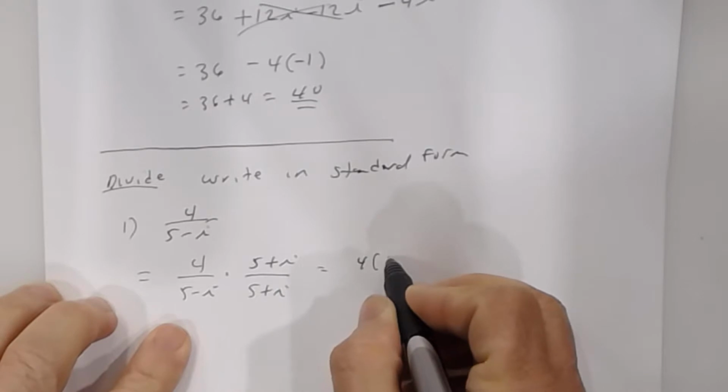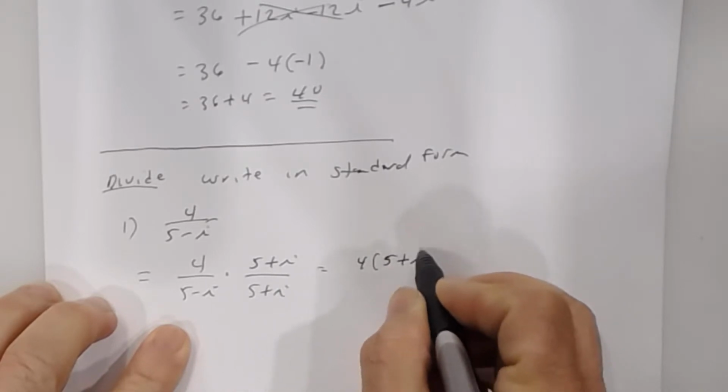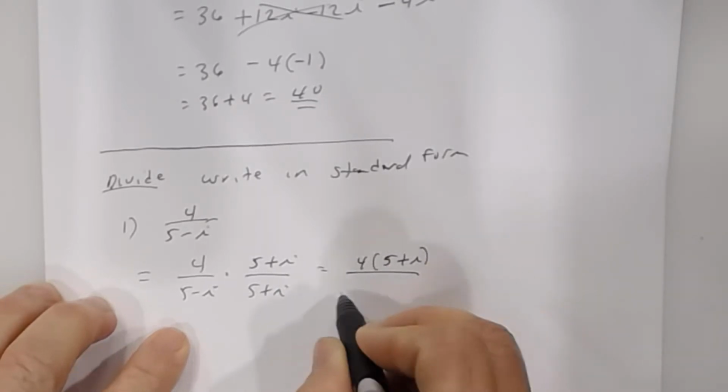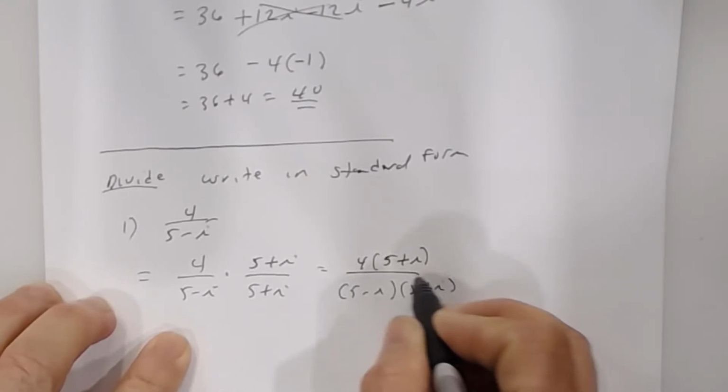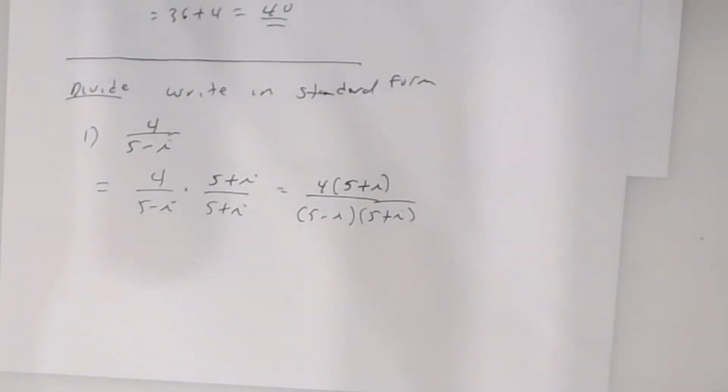You have 4 times what? 5 plus i, and the denominator is 5 minus i times what? 5 plus i. Okay? Now that was the hard part right there. The rest, you've had a couple of semesters of practice with what we're about to do, the distributive property and the FOIL method.